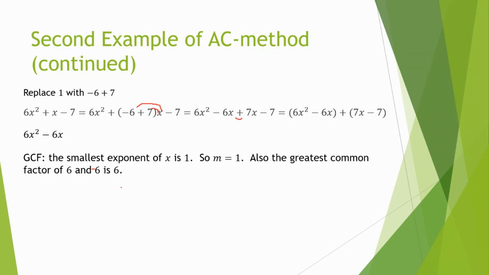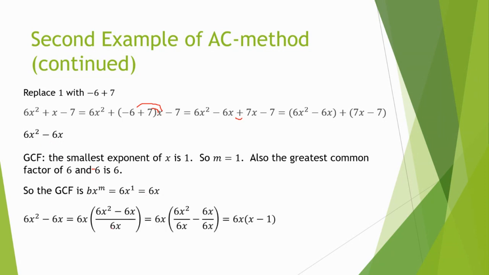It's pretty easy. The factors are the same, actually, 1 and 6. So the GCF for this group is 6x. So we factor it out, and that's what we're doing here. So from the first group, we get this.